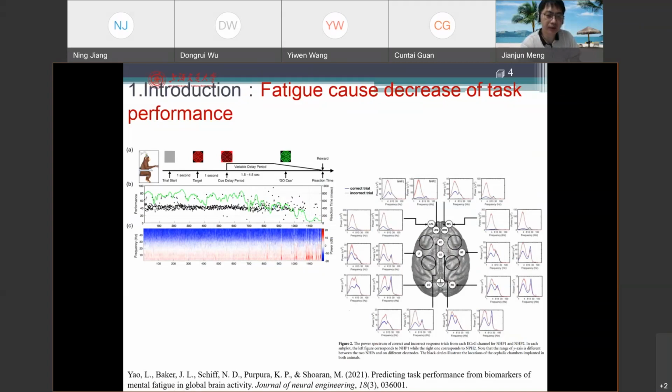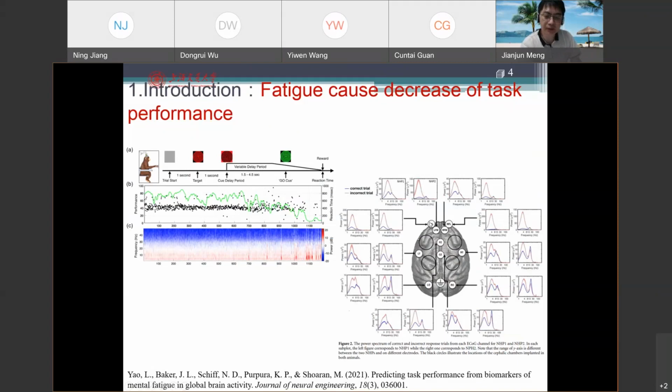And the average power spectral of a particular ECOG electrode at the FZ is shown in this figure. Roughly from this figure, you can see the power in the theta and alpha band increases whenever the error rates increase, or whenever the accuracy decreases.